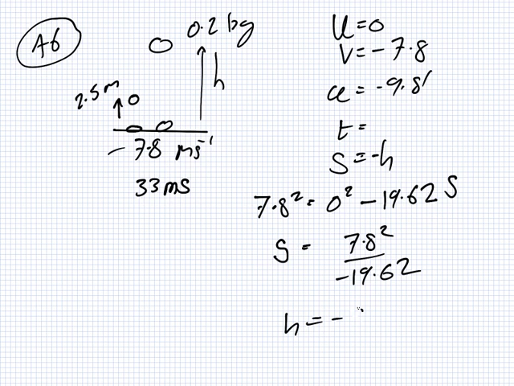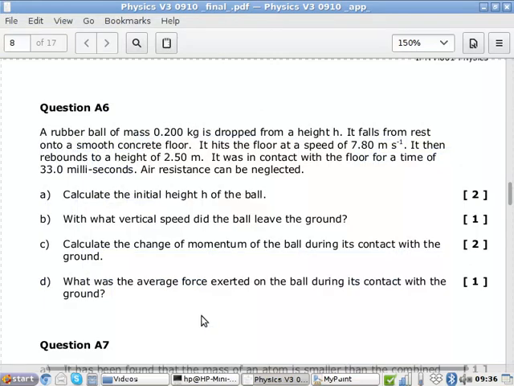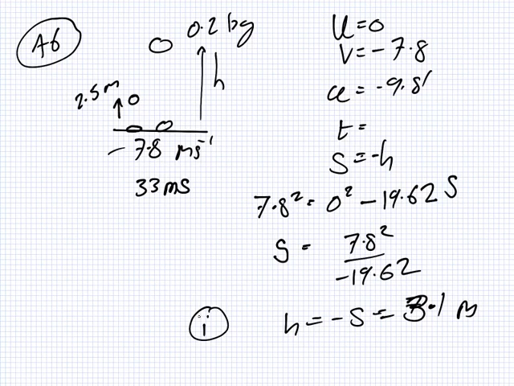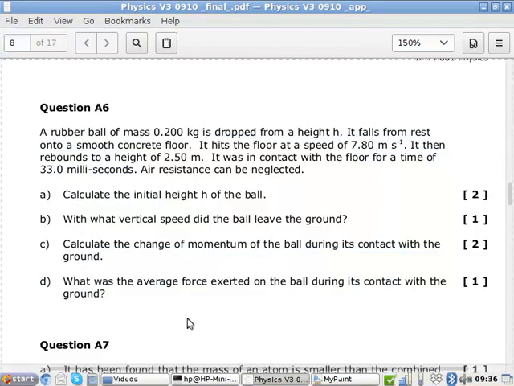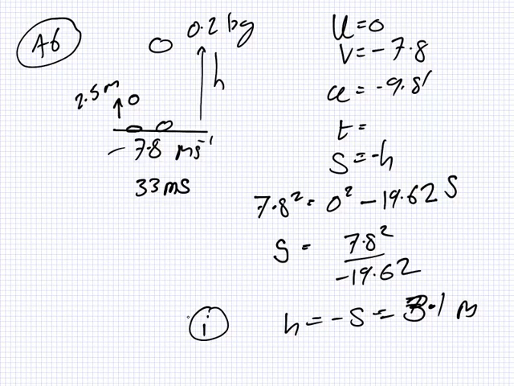So h is minus S, which is 3.1. Yes. That's part 1. Would energy have been quicker? About the same, I guess.